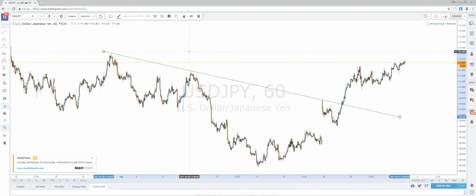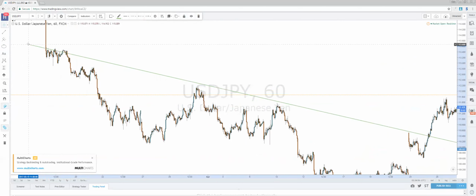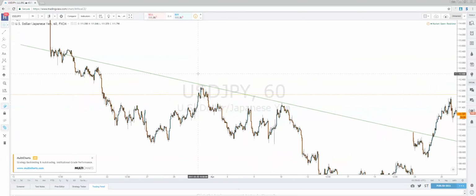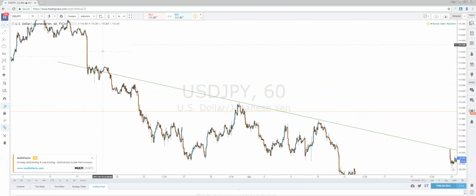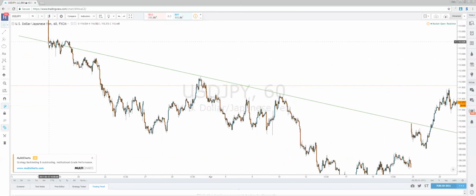Now, why is this important? I can even connect this all the way back here. Once we draw this line, it brings a little more clarity to the movements in the market. It comes down, hits this line, breaks through, comes down, hits the line up here, and then comes down.